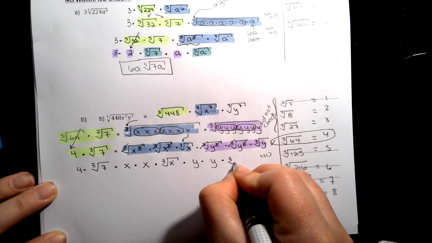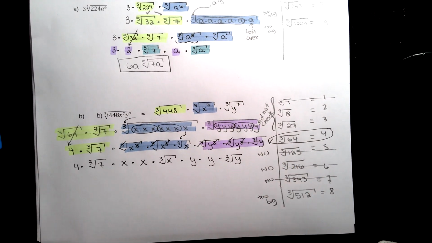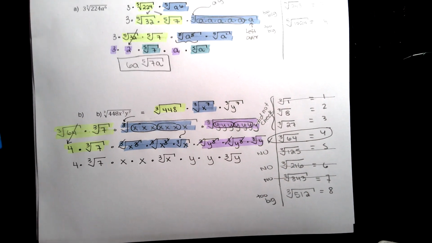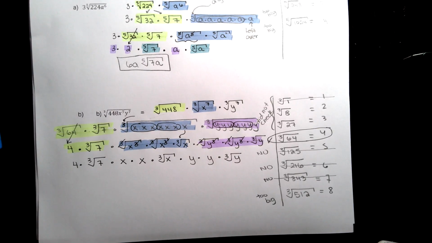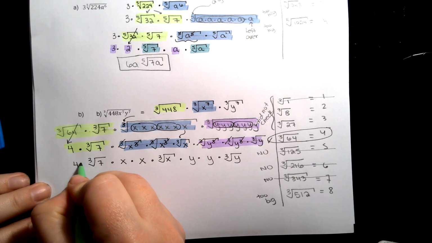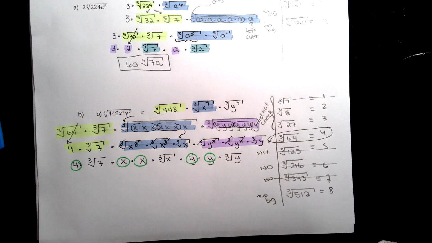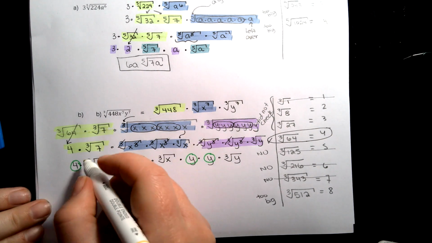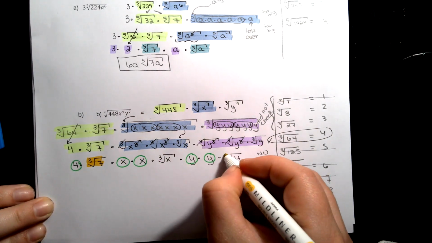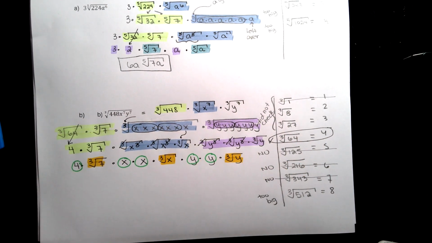And then again, leftovers. Now what happens here is everything that's on the outside stays on the outside. Everything on the inside gets grouped together on the inside. So we have a 4 on the outside, an x, a y, a y. Now inside, I have a cube root of 7, cube root of y, and cube root of x.